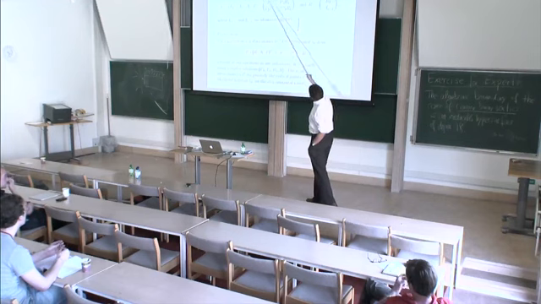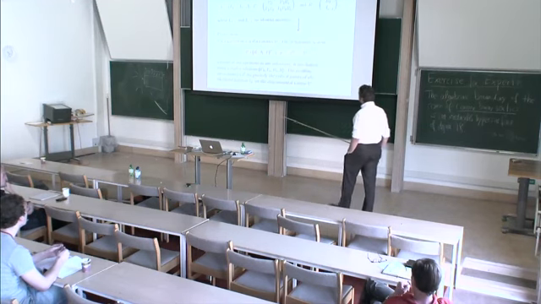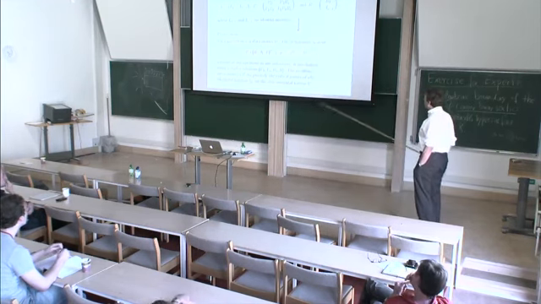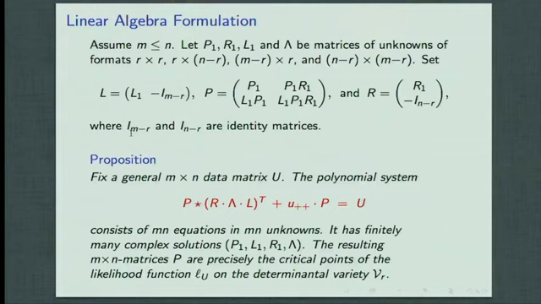You introduce unknown matrices P1, R1, L1, lambda of the appropriate sizes. You multiply this out. These are unit matrices. Then this parameterizes the low rank matrices. And then we formulate the following system of equations in red. This is going to be a system of mn equations in mn unknowns.